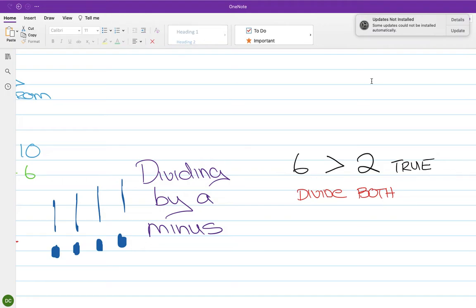So I'm going to take the 6 and divide it by minus 2. And I'm going to take the 2 and divide it by minus 2. This is not annoying at all.